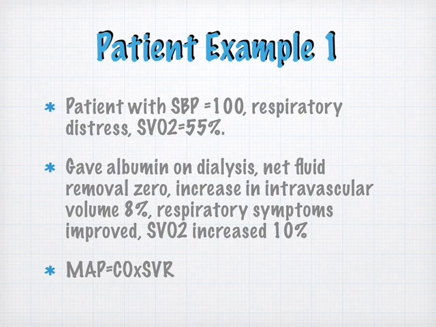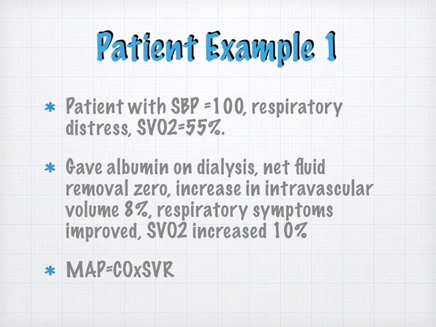So I gave albumin at the beginning of her run, and her intravascular volume actually climbed up to a positive 8%. And by the end of the run, she ended at the positive 8% of intravascular volume, meaning that intravascularly she had more fluid on.